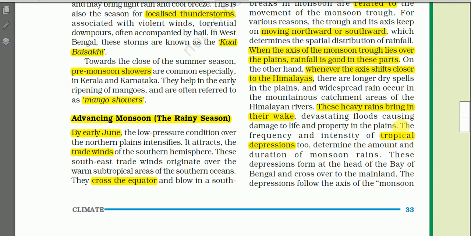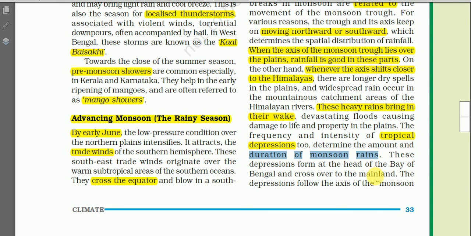The frequency and the intensity of tropical depressions determine the amount and duration of the monsoon rains. Tropical depression means tropical cyclones. The frequency and intensity of the tropical cyclones determine the amount and duration of monsoon rainfall in India.